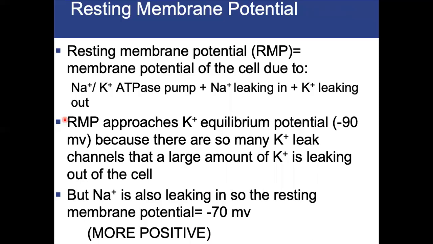So because we have a lot of potassium leak channels, potassium could potentially go to its equilibrium. And if it did, the cell would be at negative 90. But we also have sodium leaking in and we have potassium getting dragged in. So that membrane is not negative 90, it's actually negative 70. So this is how we derive the resting membrane potential.